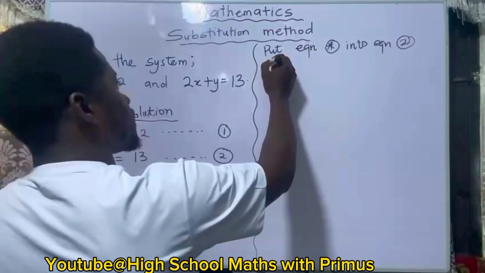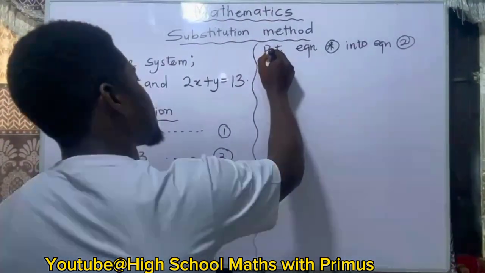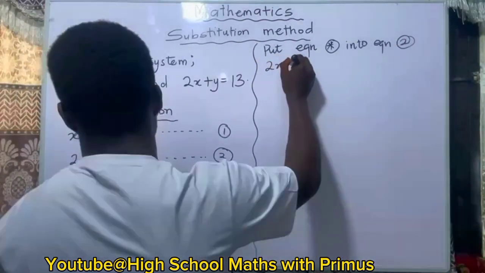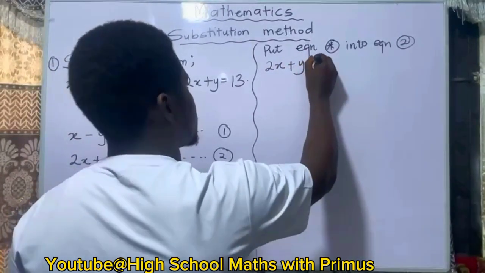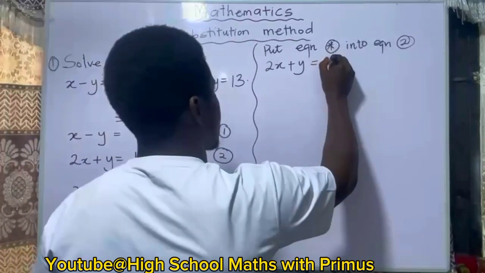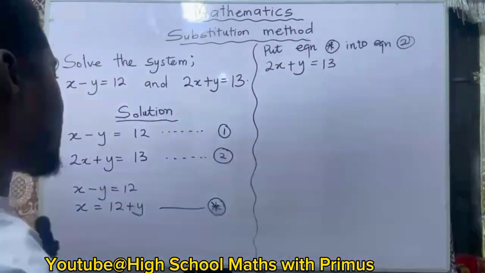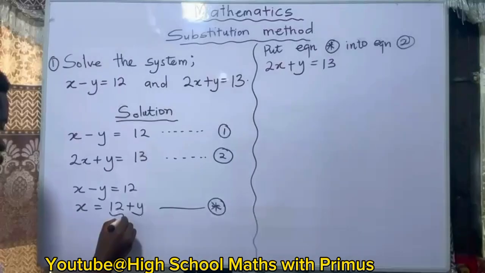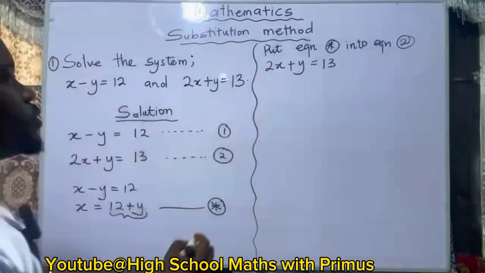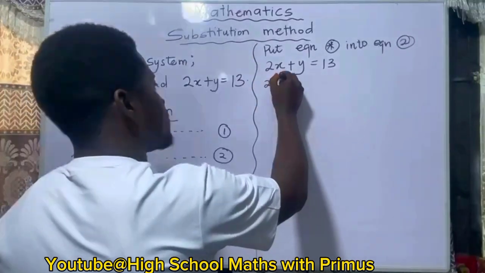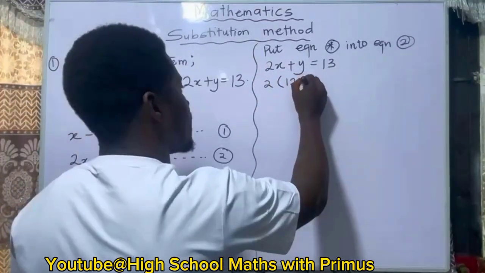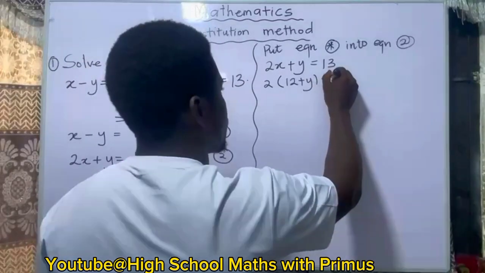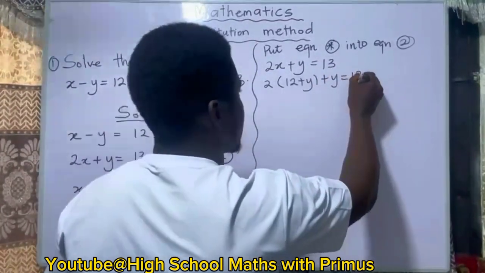That is to say, 2x plus y is equal to 13. Now, wherever we see x in equation 2, we replace it with 12 plus y. So that is to say 2 bracket open 12 plus y, close bracket, plus y is equal to 13.